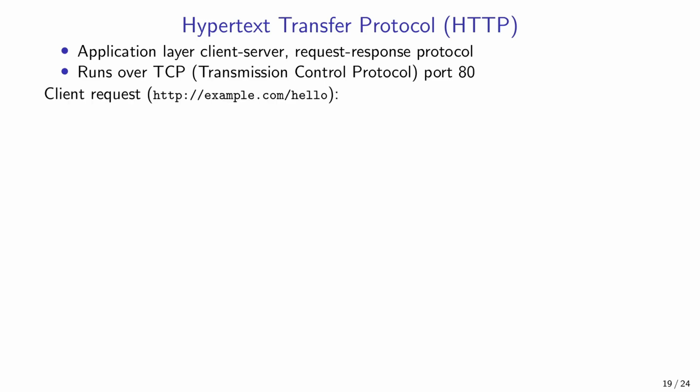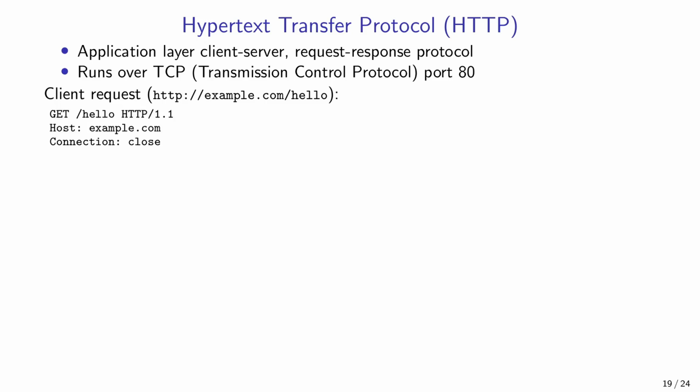So how does a client request look? For instance, if we want to request this URL, example.com/hello, we will have to connect to TCP port 80 of the IP address which corresponds to the example.com domain name, and then we will send some bytes.